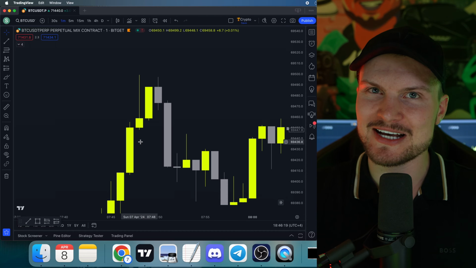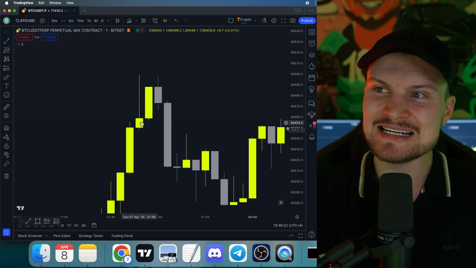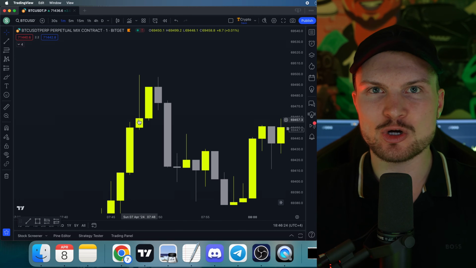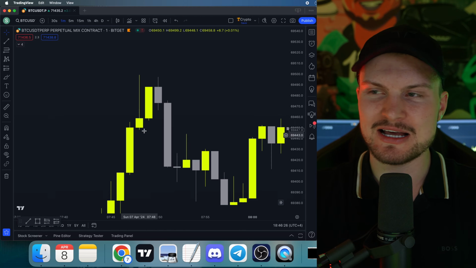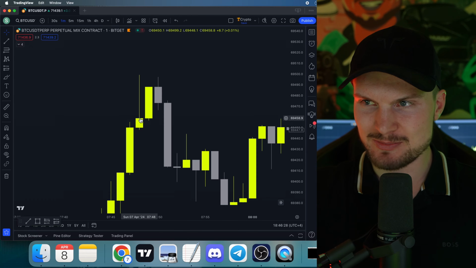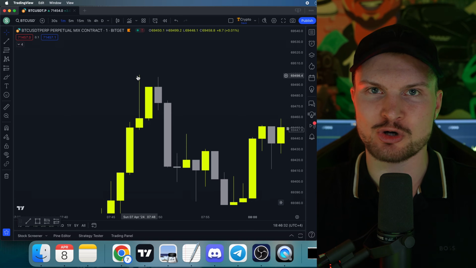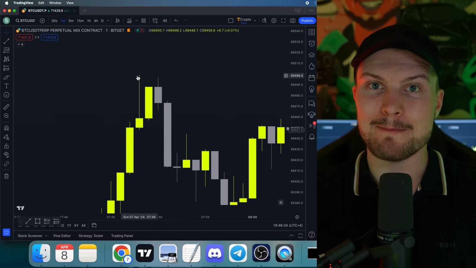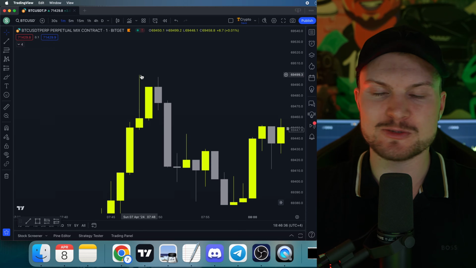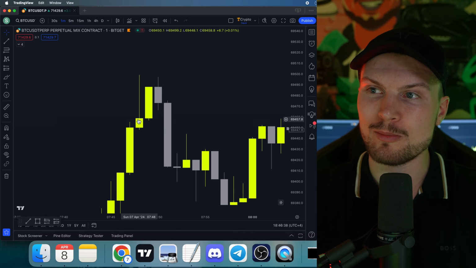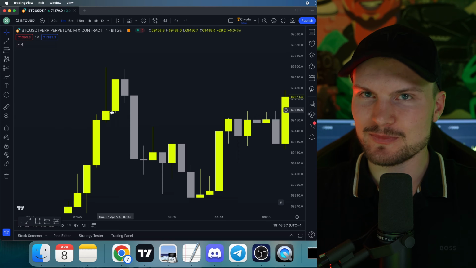However, because the sellers were not so strong, it did close bullish, but in the context of the entire candle, this is very bearish because this means that the buyers pushed the price up all the way, but the sellers were so strong that they absorbed all the buying orders and they pushed the price down all the way again to almost the close.